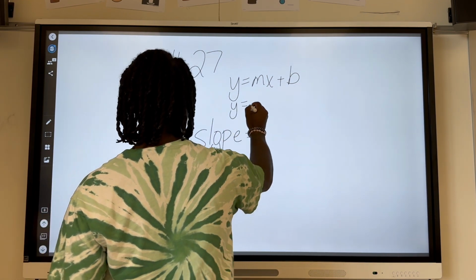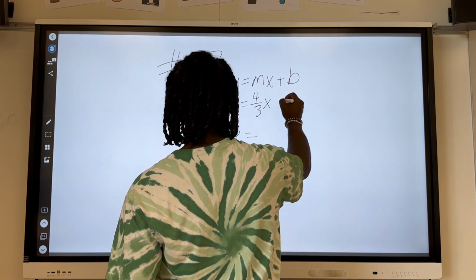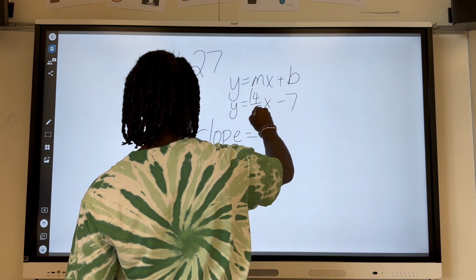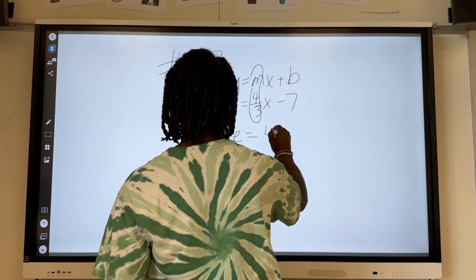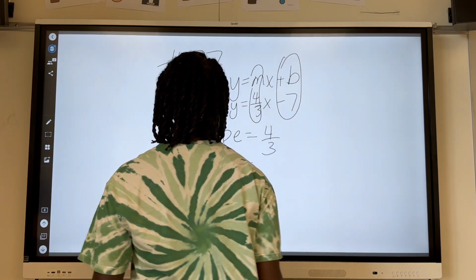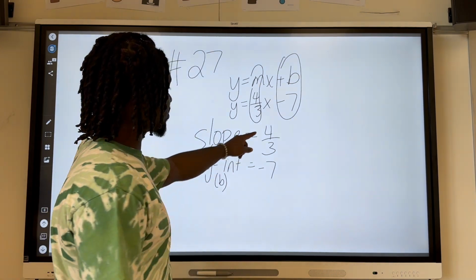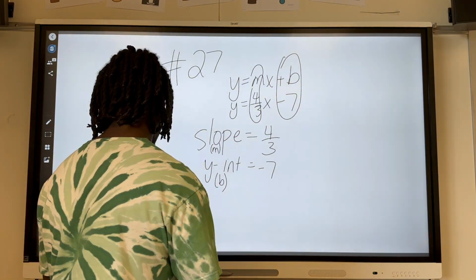Okay, so 4/3 x minus 7. Again, this is the m. So that is the 4/3. Slope is 4/3. The b is the -7, and that is the y-intercept. Okay, so the slope is 4/3. The y-intercept is -7.